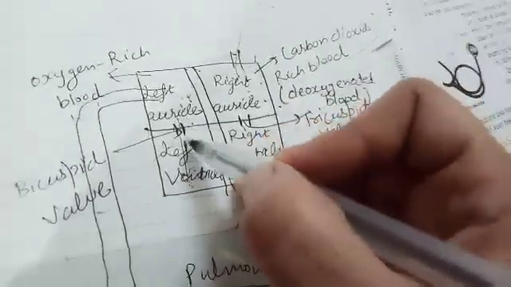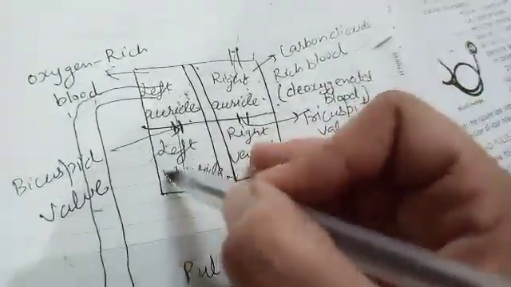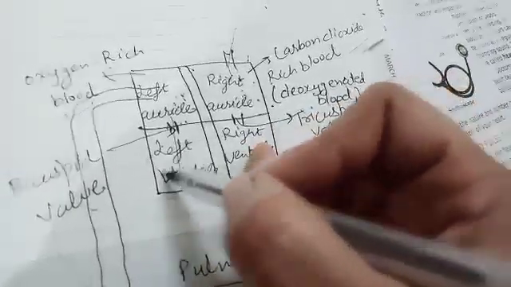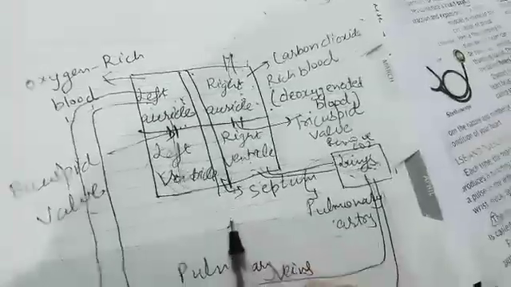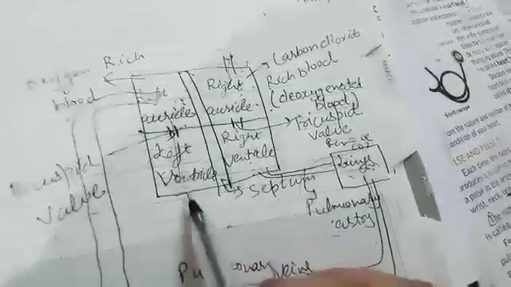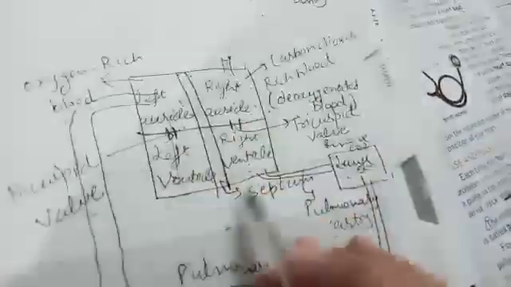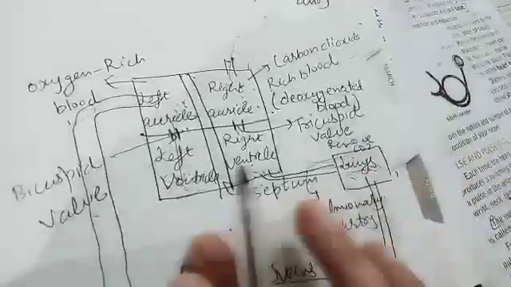Then from the auricle, the blood goes into the ventricle through the bicuspid valve. Then from the ventricle it passes to our full body. This is called the pumping of the heart, blood circulation in our heart.